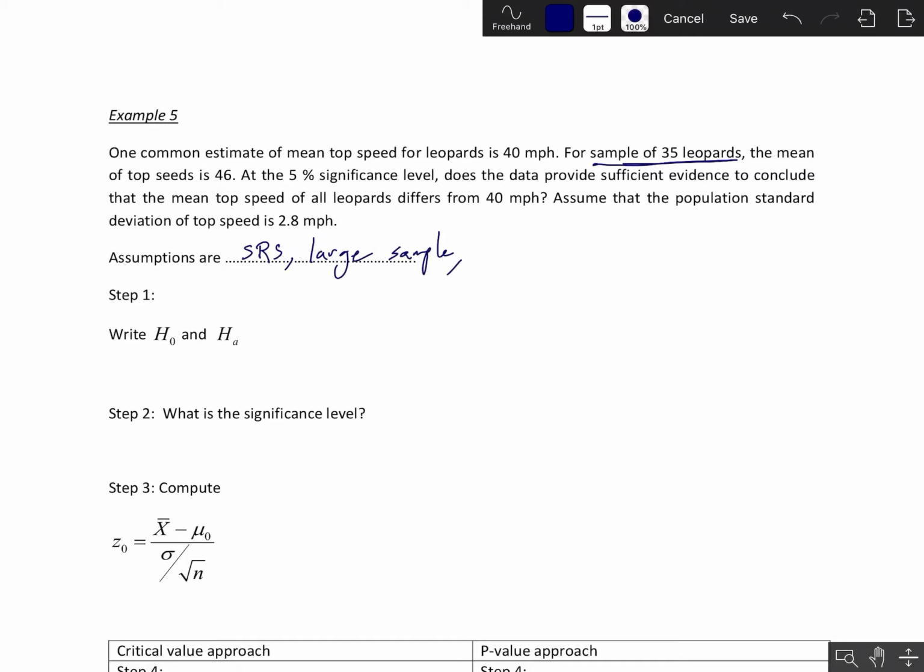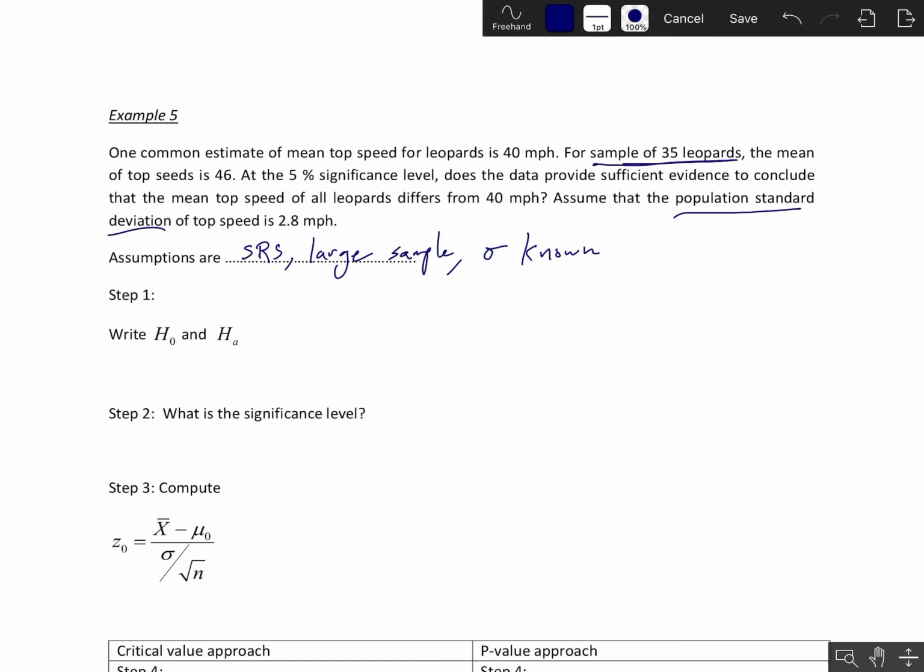This is the thing that distinguishes the section 8.2 hypothesis testing from section 8.3. Remember that 8.2 focuses on when sigma is known, and 8.3 focuses on when sigma is unknown. And if sigma is known, you'll be applying z values, or the standard normal distribution. And if sigma is unknown, then you have to apply the t distribution instead.